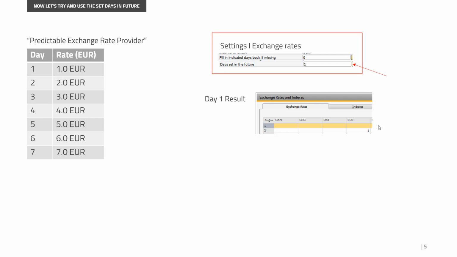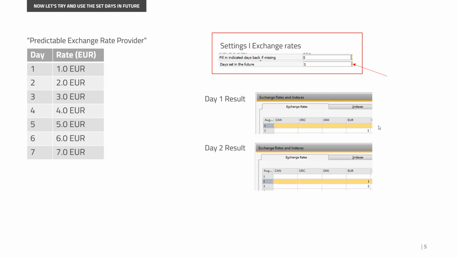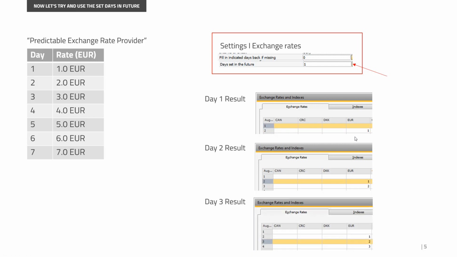So all rates were slid into the future. If we go to day 2, it would set day 3 and leave day 2 for day 1 and day 3. Everything is essentially the same, just shifted 1 day, and that is what the feature says: number of days in the future.